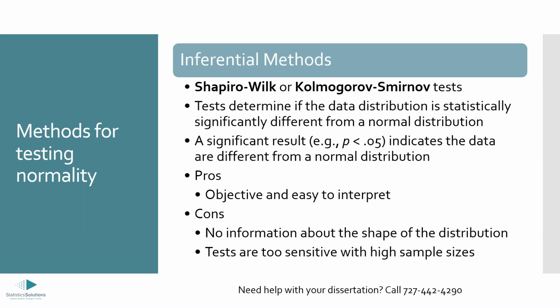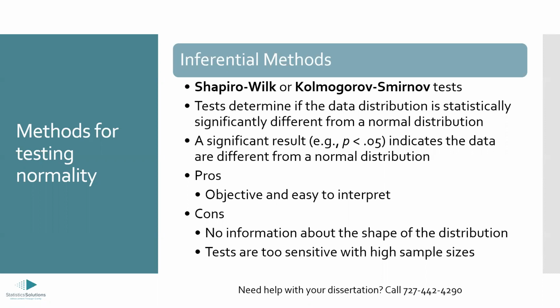So once you get beyond 100 or 200 participants in your sample size, these tests will almost always turn out to be significant. And therefore, at large sample sizes, these tests are much less useful or meaningful.